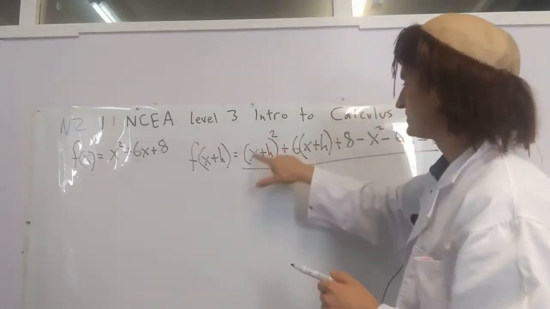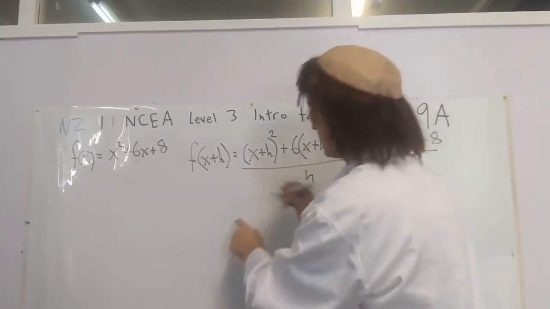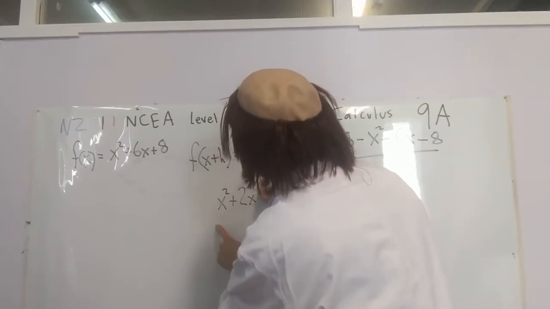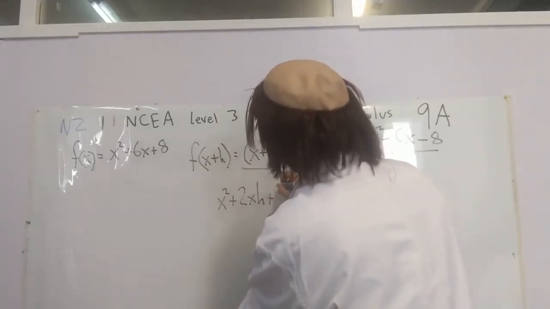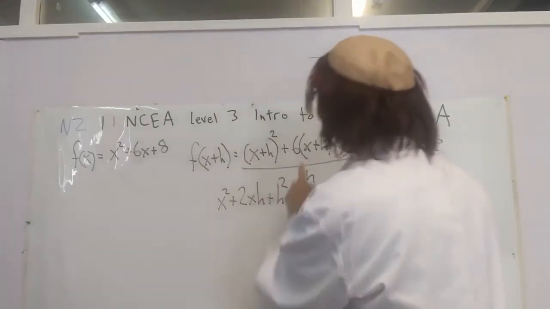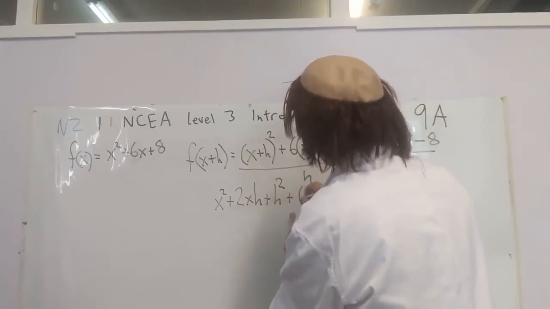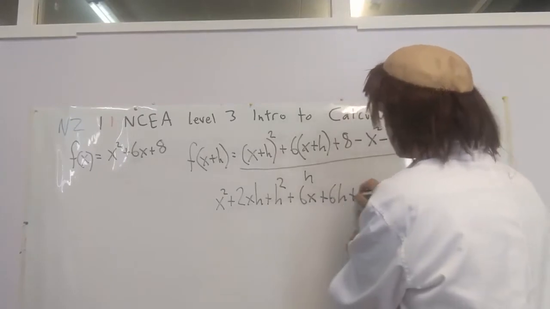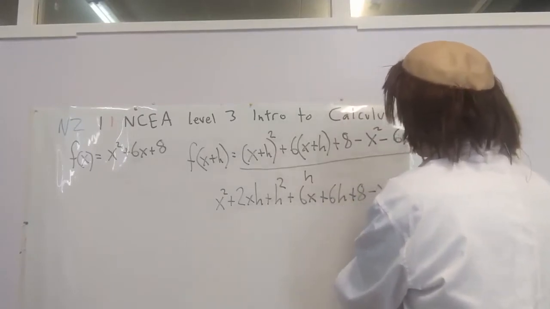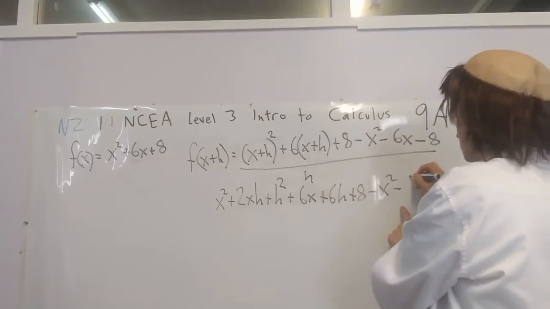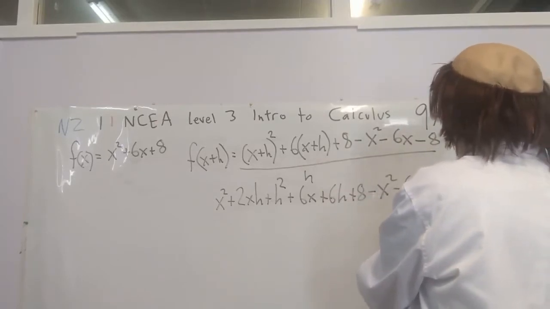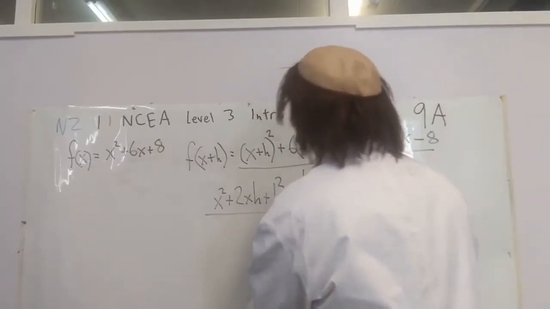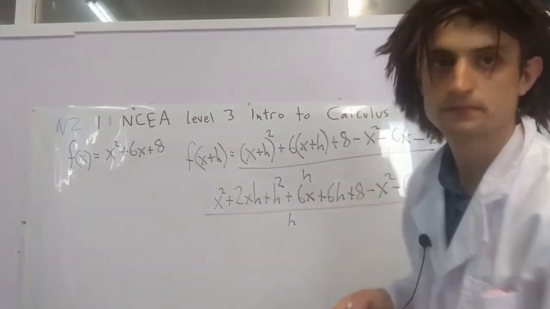Now, let's distribute these. We'll get x squared plus 2xh plus h squared plus 6x plus 6h plus 8 minus x squared minus 6x minus 8, all divided by h, with h approaching 0.